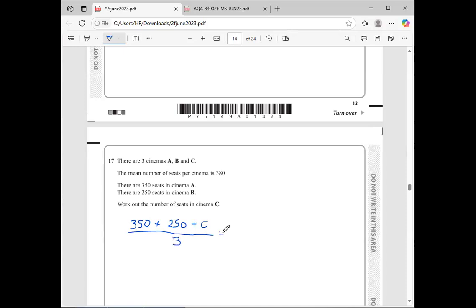And all this is equal to 380. That's what the question told us, the mean number of seats. And another name for mean is average. Yes, average. So with this in mind, what's the first thing I'm going to do in this equation?